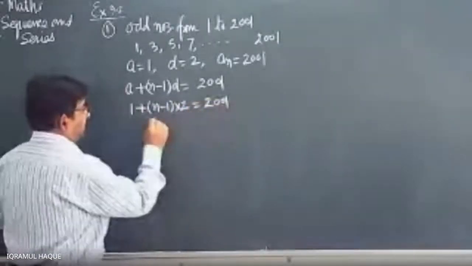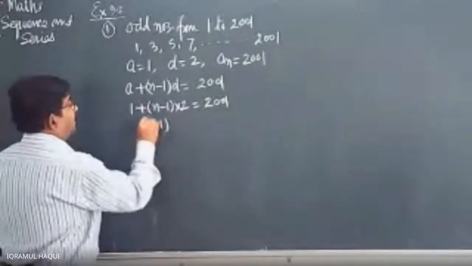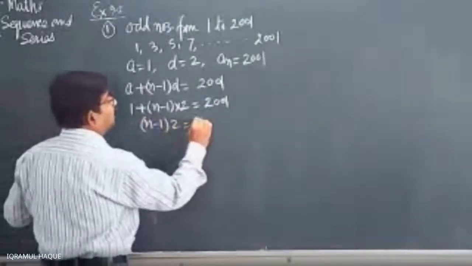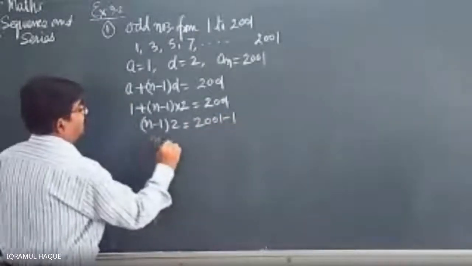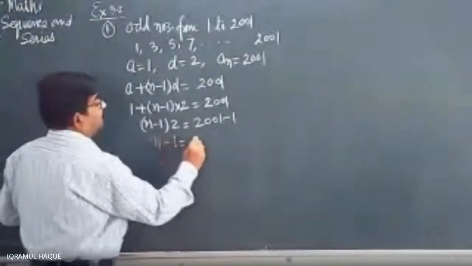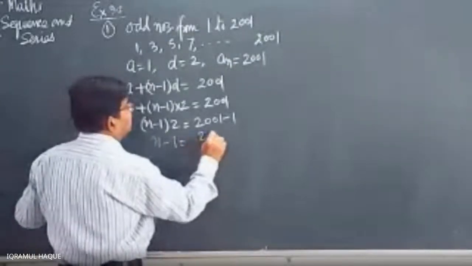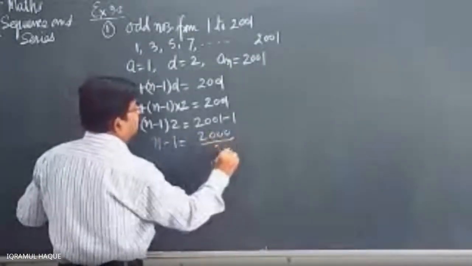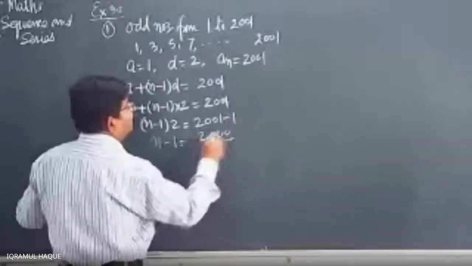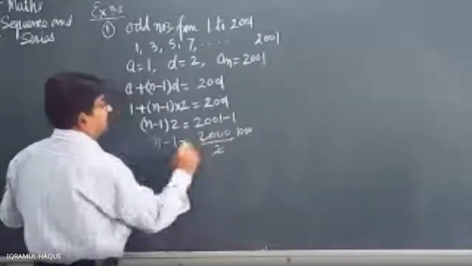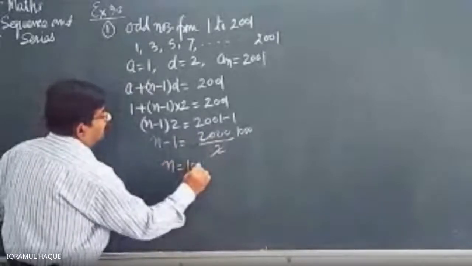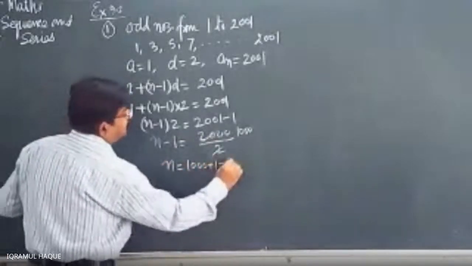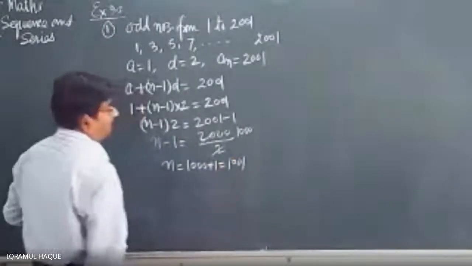This will go this side: (n minus 1) into 2 is equal to 2001 minus 1. So n minus 1 is equal to 2000 upon 2, which is 1000. This 1 sent to the right side: n is equal to 1000 plus 1 is equal to 1001.